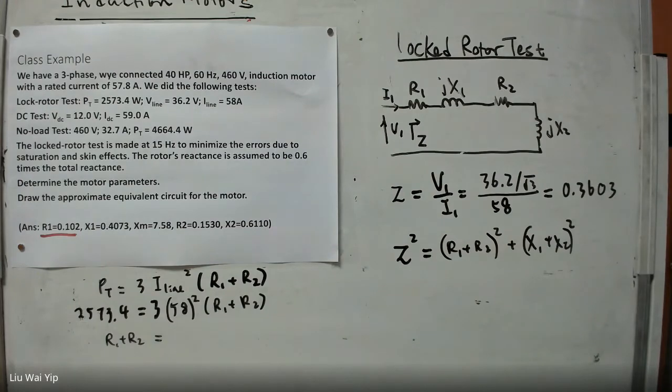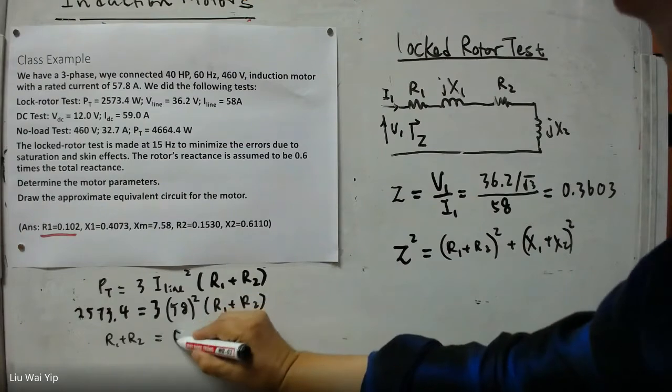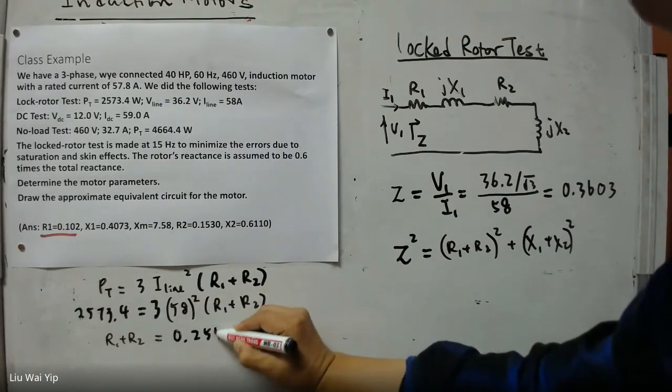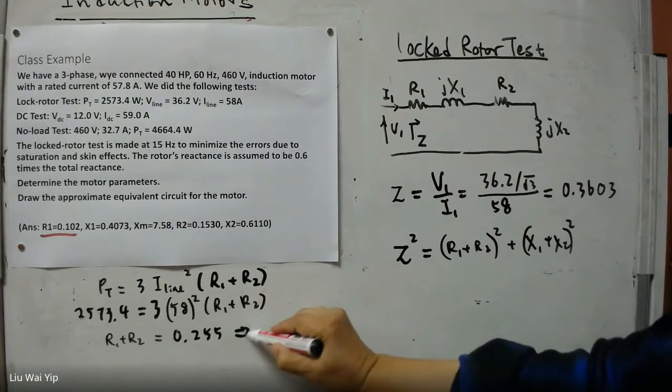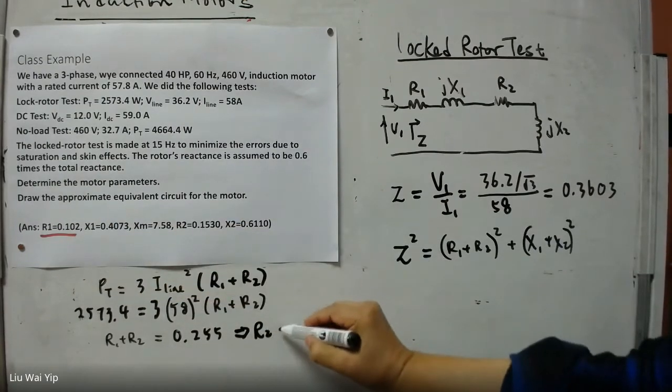Let's see. 0.255. And if that is the case, R2 is going to be this value minus R1.